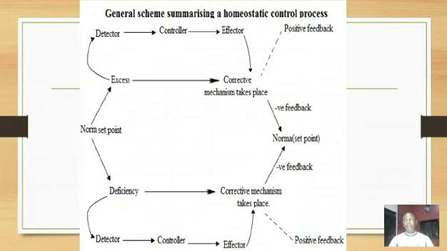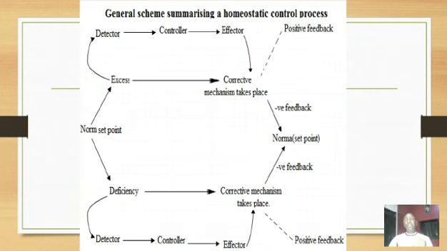I repeat: a factor has a normal concentration, the norm, the set point. When it increases beyond, goes above the norm, it becomes in excess. That rise above the norm is detected by the detector. The detector sends information to the controller or the control center that factor A is in excess. The controller sends information to the effector.